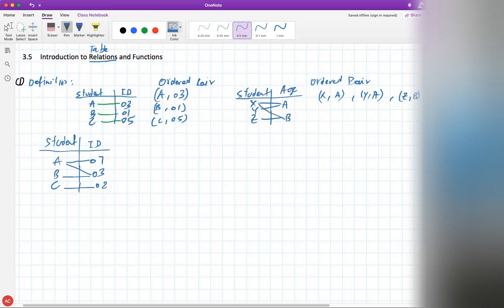For example, you don't see student X with two ages, A and B. If it were so, we would say it's not a function. But this is a function because each student has exactly one item from here. So this is a function. This is not a function, again, because of this.